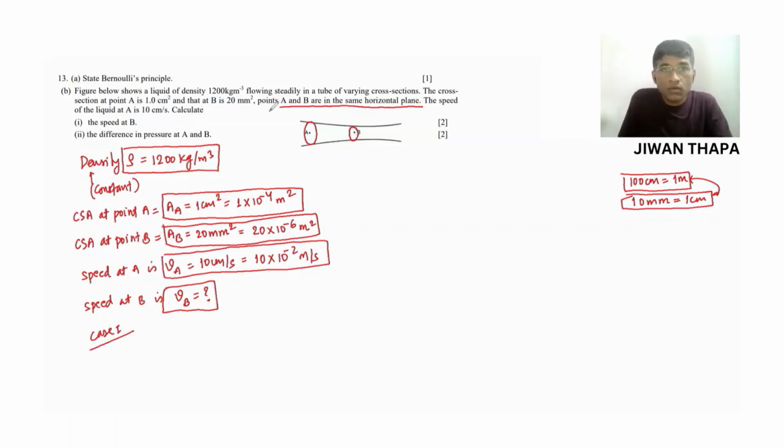Now let us come to this line: point A and B are in the same horizontal plane. So I'm drawing a reference level, okay? So this is the ground.